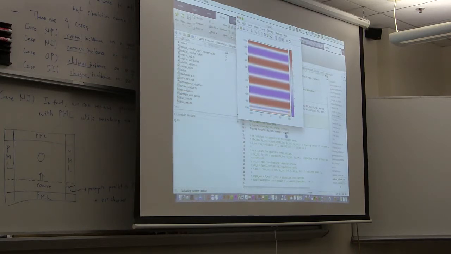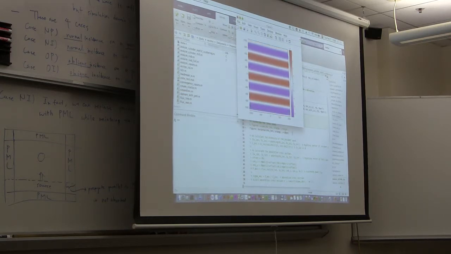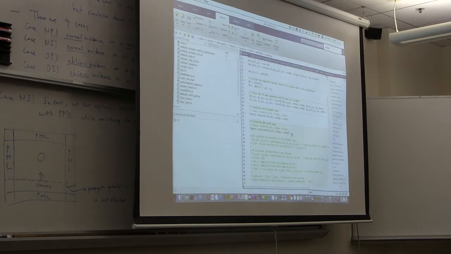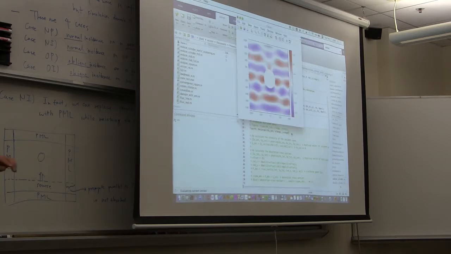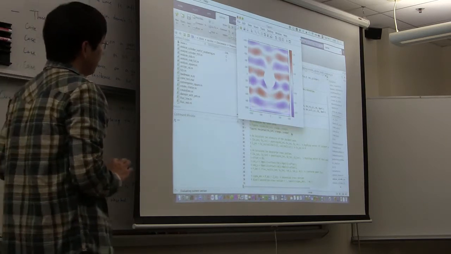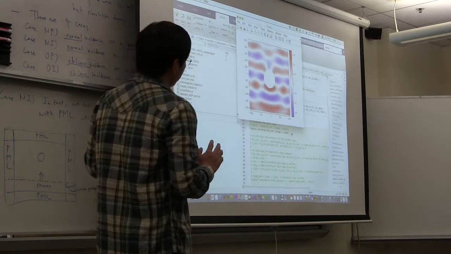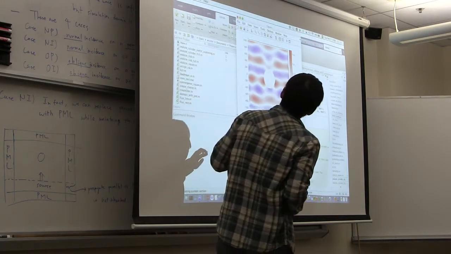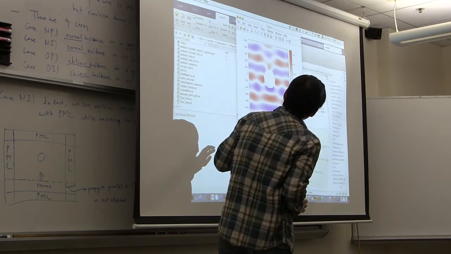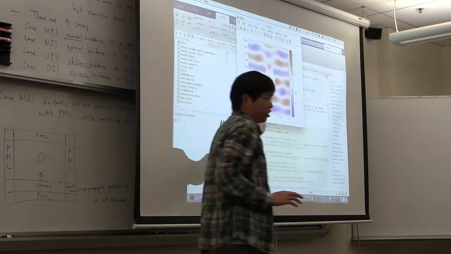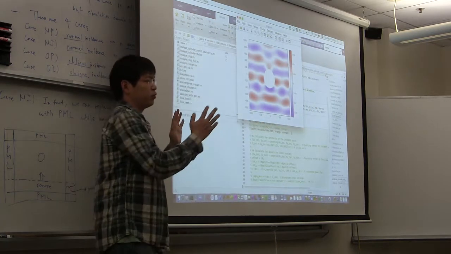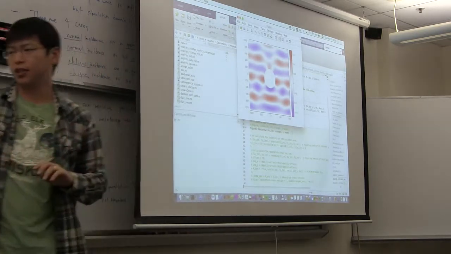And then put a scatterer, then it's hard to see, but actually it is absorbed, very absorbed, and there's no wave coming out from the left and right.